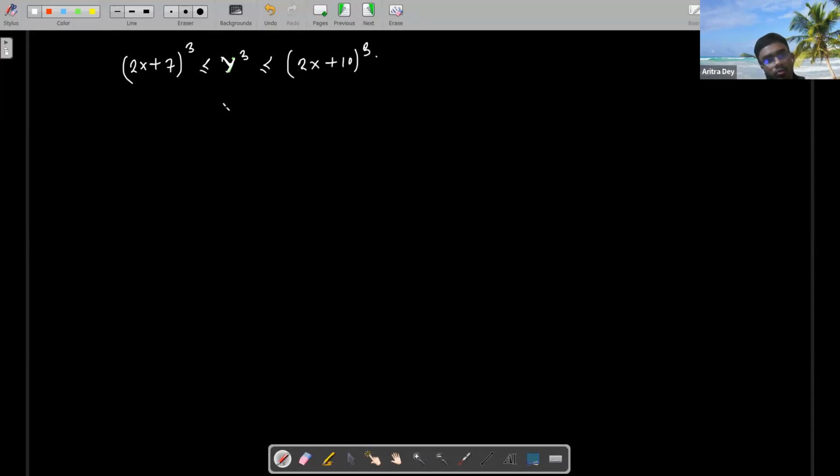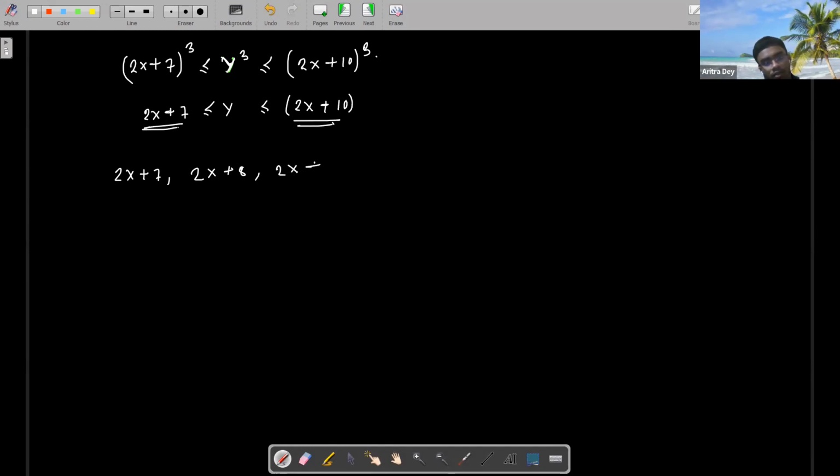So y basically lies in between 2x plus 7 and 2x plus 10. What are the quantities lying in between? Only 2x plus 7, 2x plus 8, 2x plus 9, and 2x plus 10. These are the only possible values y can take, right?